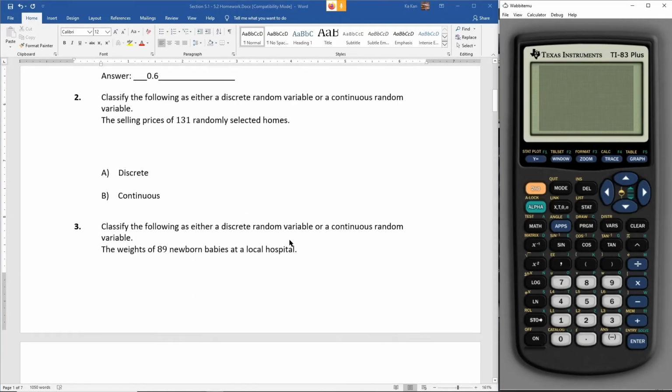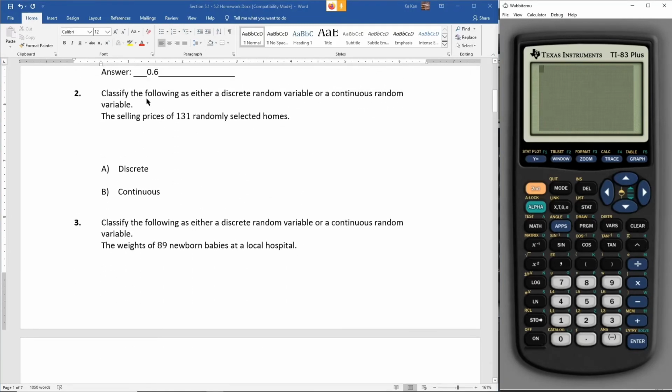Now, let's go to the second one. Classify the following as either a discrete random variable or continuous. That's kind of what we talked about earlier. The selling price of 131 randomly selected homes. That will be a continuous variable. Why is that? Because you might sell your home at, for example, $200,000 or $200,001.